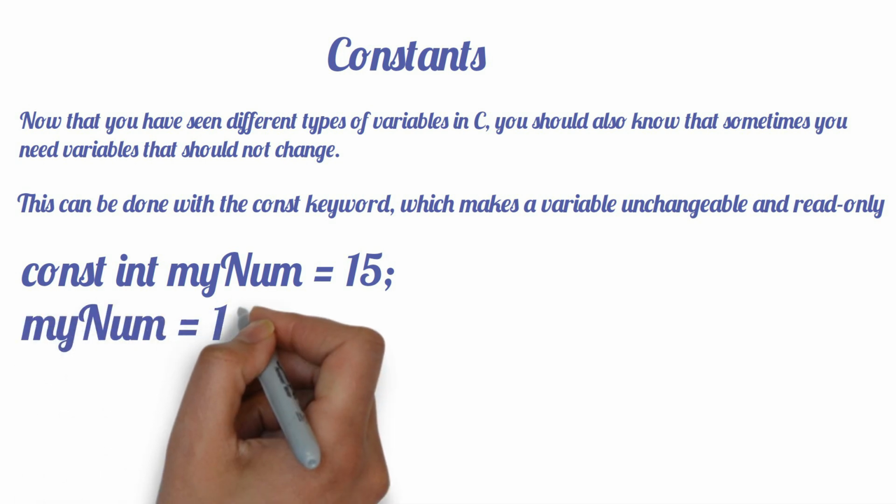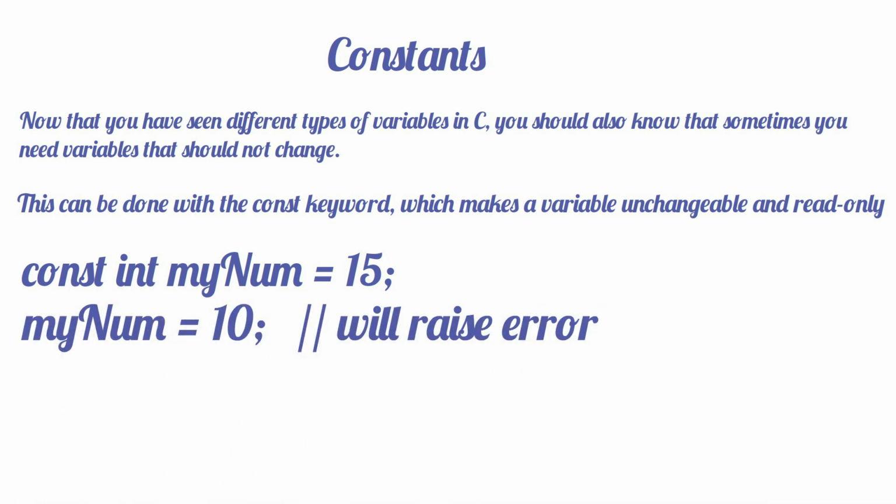That means I am reassigning the value of my num from 15 to 10. Now, if I run this, I'll get an error. The reason is I have declared the variable my num as constant, and I cannot change the value of a constant in the entire process of the program.